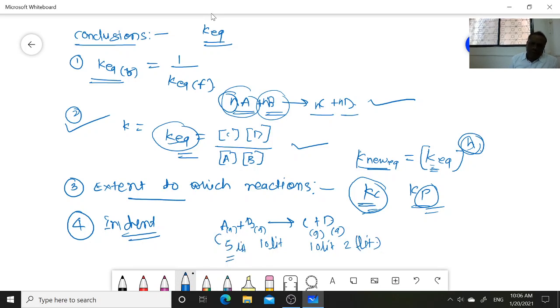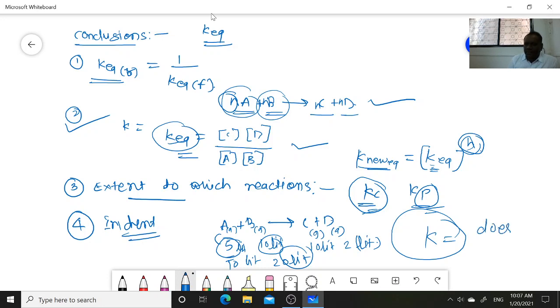Now we can write the equilibrium constant for this reaction very easily. We know how to write the equilibrium constant. Now if we change the concentration, so instead of 5 liter, if you take A as 10 liter and B as 20 liter, even then the equilibrium constant does not change.